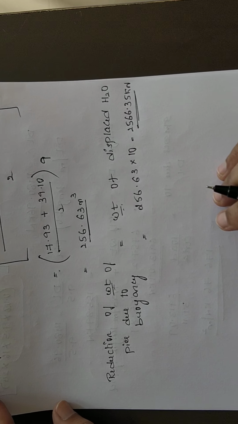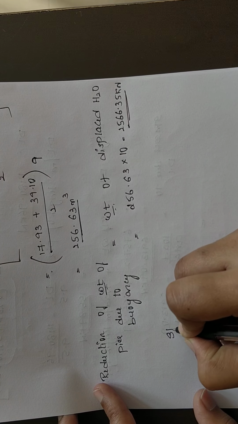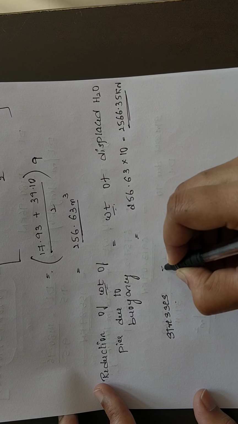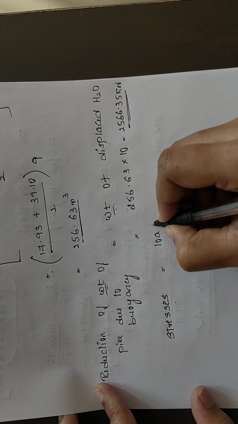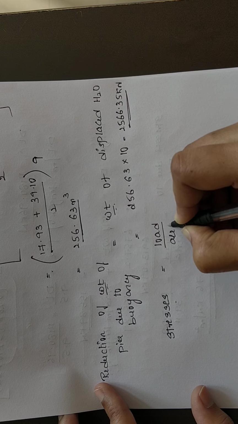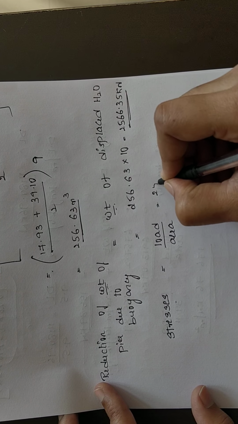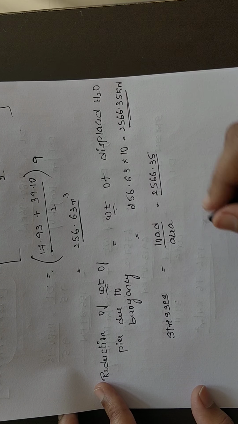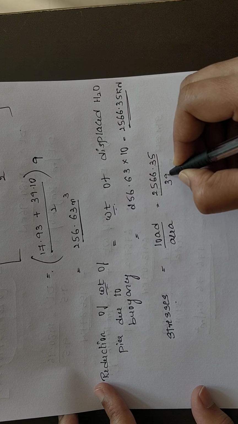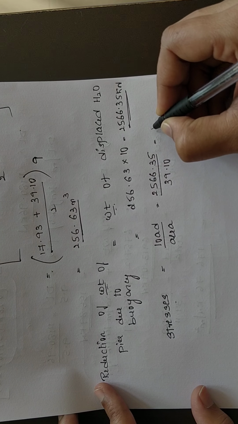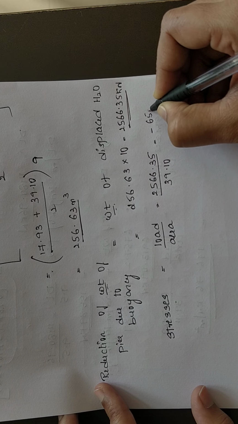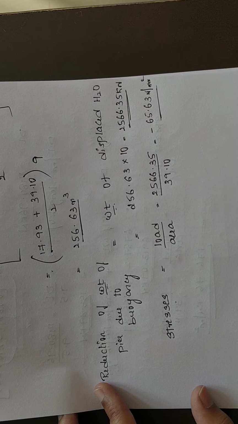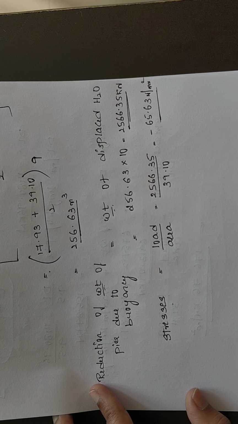Next you need to calculate the stresses due to buoyancy. Stress will be equal to load by area. Load is 2566.35 divided by 39.10. You will get minus 65.63 Newton per mm square. This is the stress due to buoyancy.